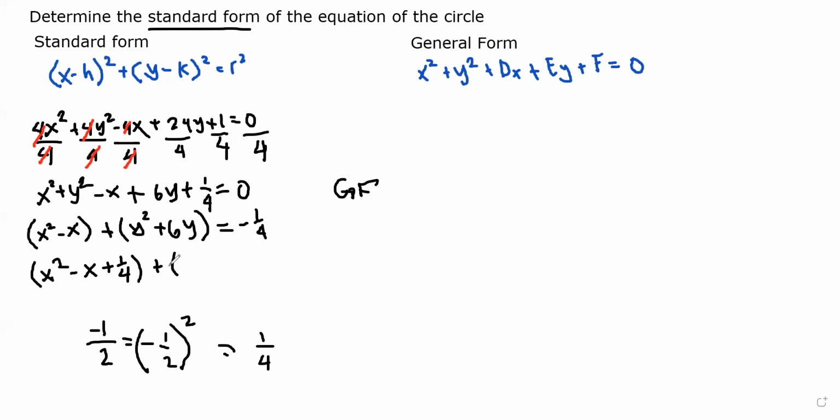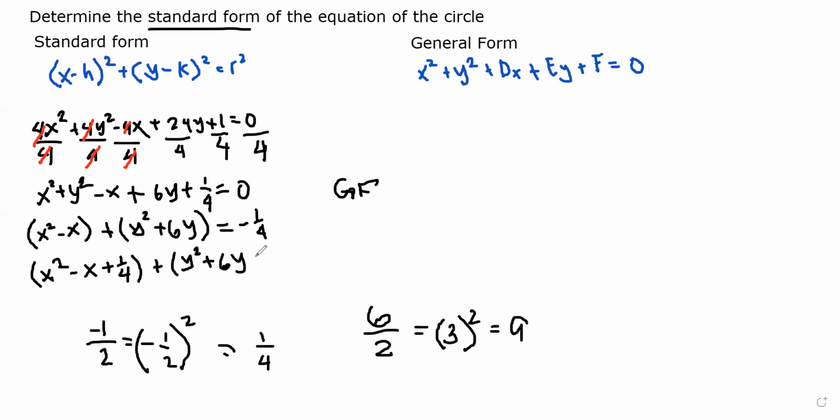So copy the operation. And then same thing with the second group, the y terms. We will just do the same process. First, we just copy y squared plus 6y. And then we're going to determine the third term. How? Again, the coefficient of the second term is 6. So we're going to divide it by 2, and the quotient is 3. And then square the quotient. So 3 squared is 9.